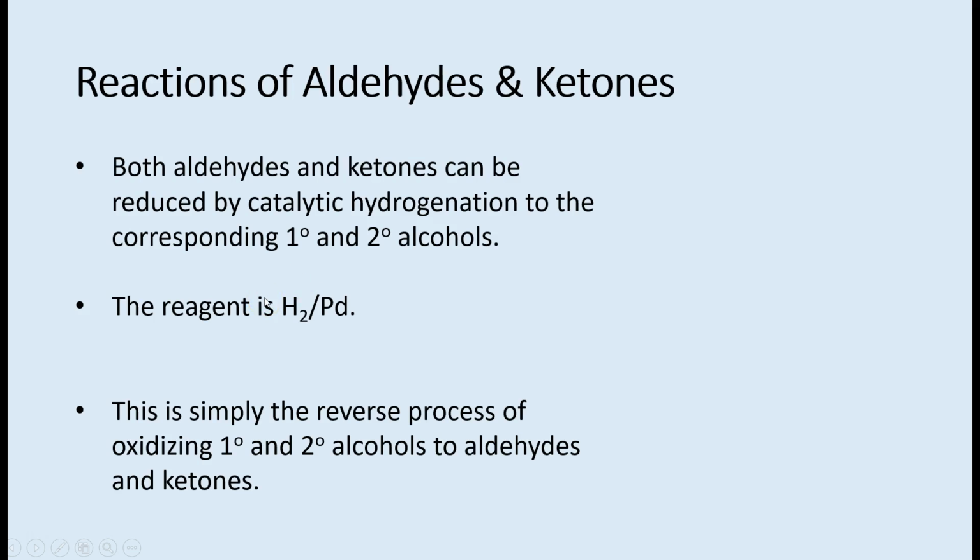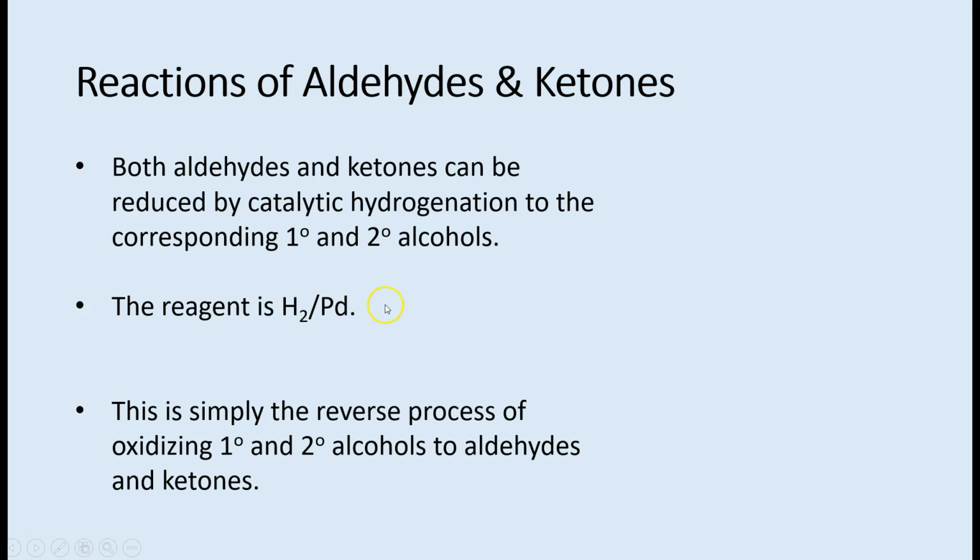And the reagent here is the same as the reagent for reducing alkenes or alkynes to alkanes, which is hydrogen on palladium. So before we learned you can reduce a carbon-carbon double bond or a carbon-carbon triple bond to a carbon-carbon single bond.